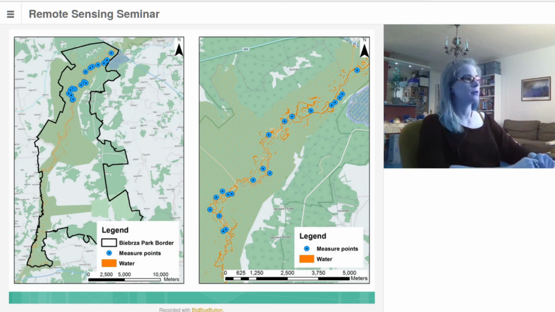My research was placed in the lower basin, which is the most natural one, and where the Biebrza Park is located. So I use this area, and the dots are the points which were measured, and from where the water was taken.